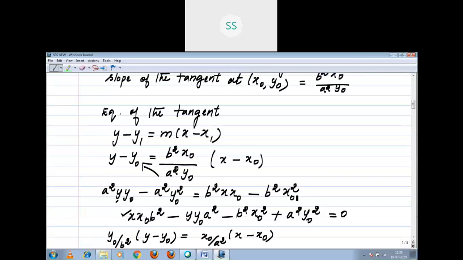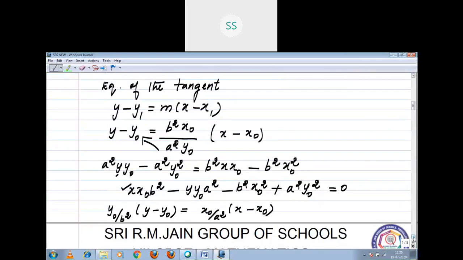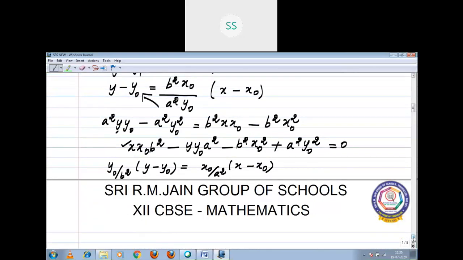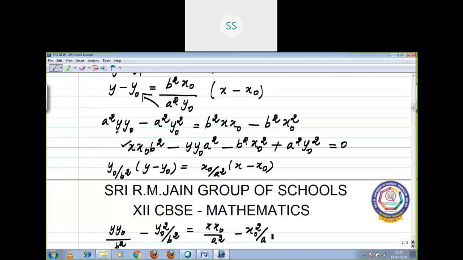How am I going to get the equation of the hyperbola? Right? See here, y naught by b square minus y naught square by b square equal to what? Anyone? x naught by a square minus x naught square by a square.